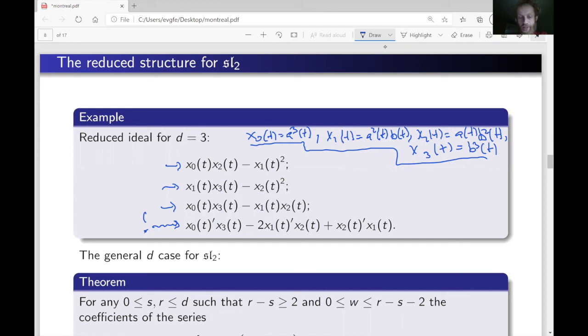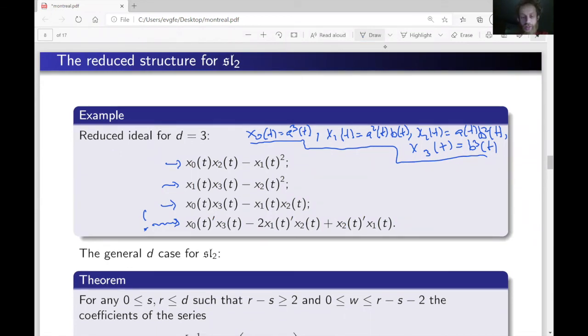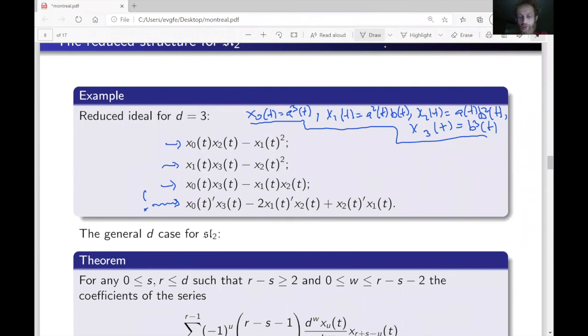So meaning that there are some strange relations with derivatives coming up in this situation in a very natural way. And the claim is that these four relations already give the reduced structure. So if you take the coefficients of those four relations, then you get the needed object, the reduced structure.